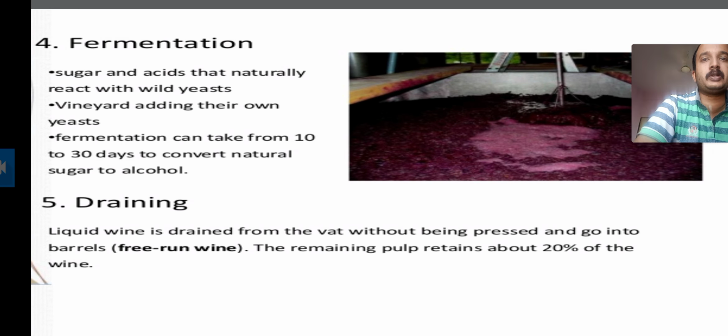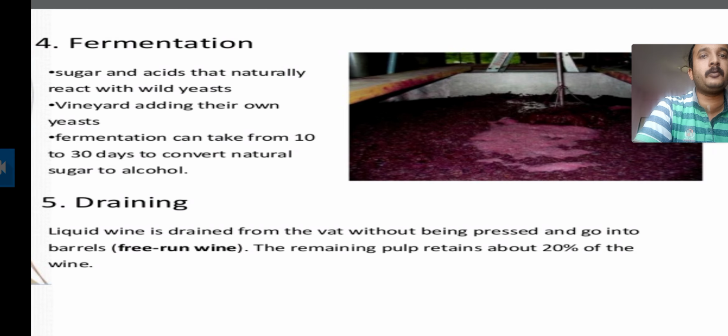In this process, the sugar and acid in the grapes naturally react with the wild yeast.